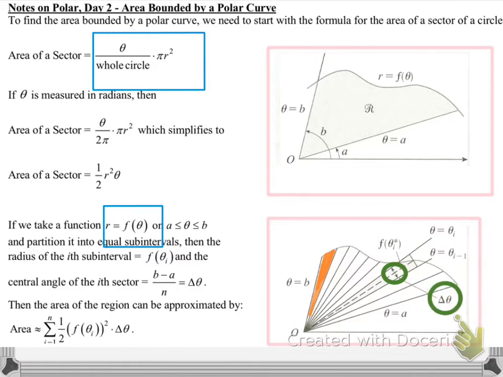Okay, so we're multiplying our radius times our widths, just like we always were. And the area of a sector is always theta over 2 pi times pi r squared, where those pi's are going to cancel. So you're left with 1/2 r squared theta.